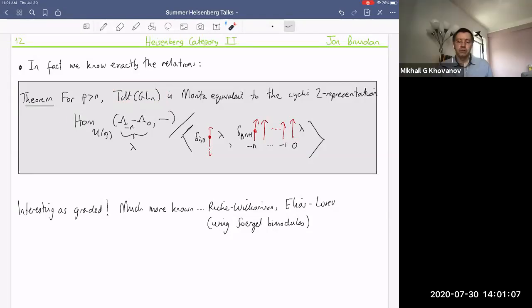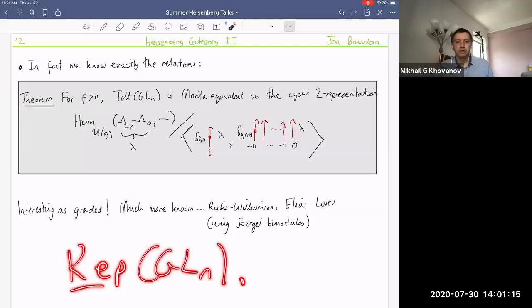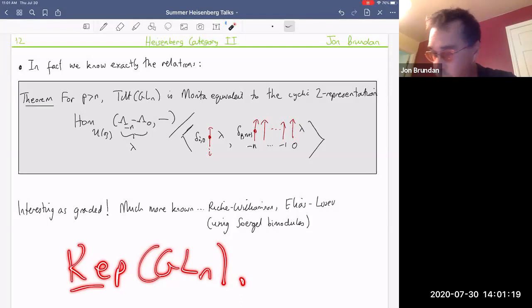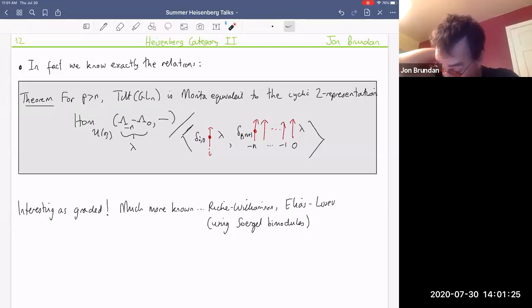But which Deligne category? Sorry, I guess I lost the connection. Maybe this only really makes sense in characteristic 0.